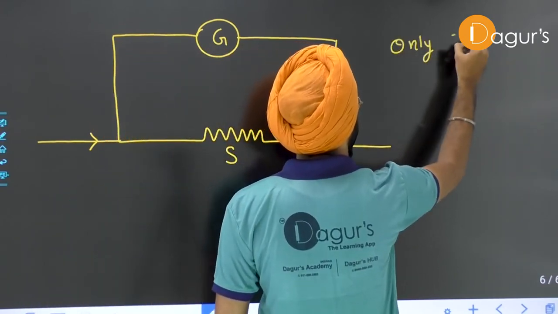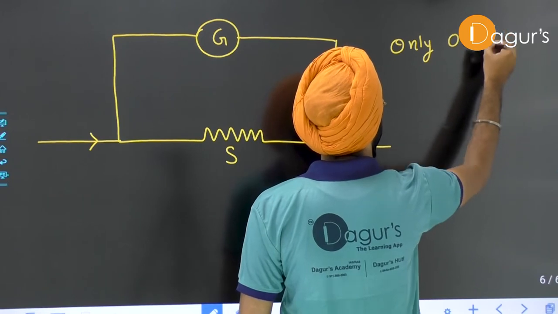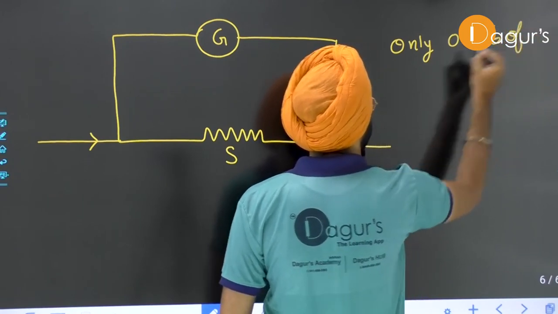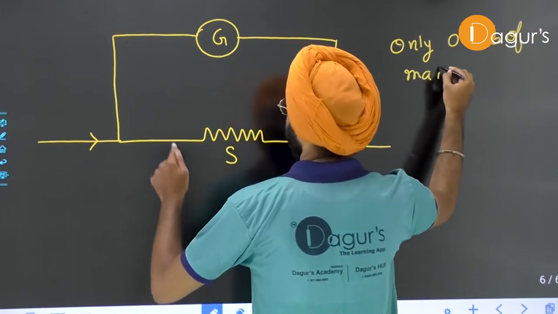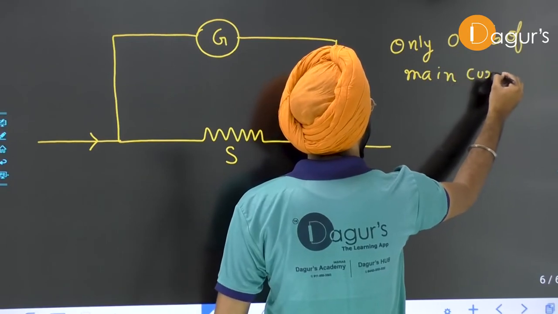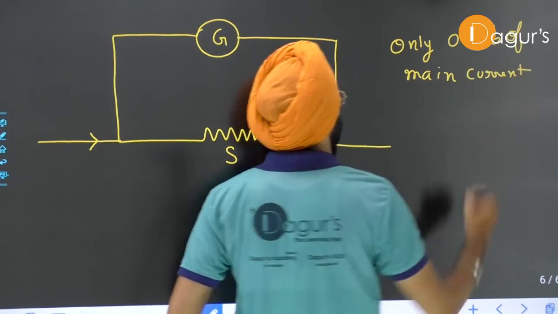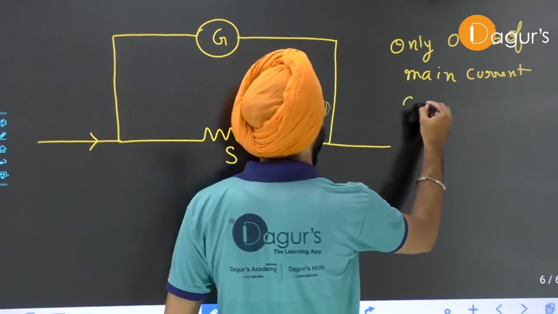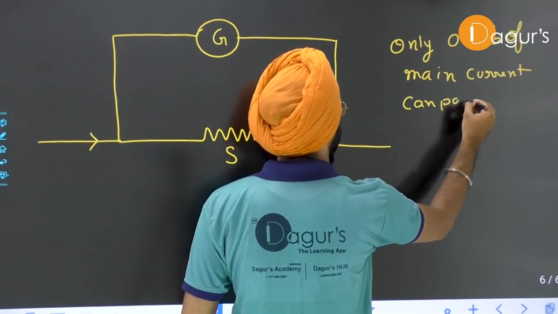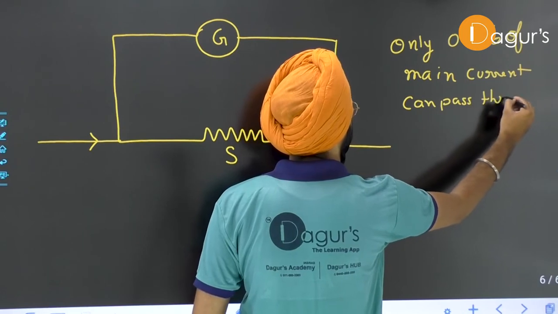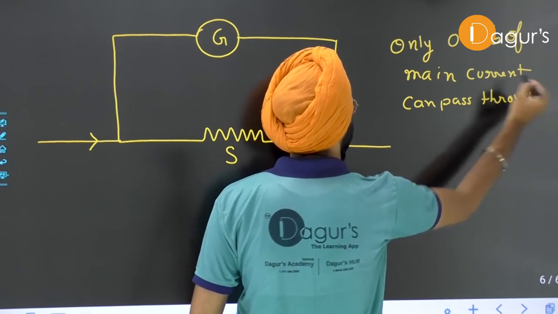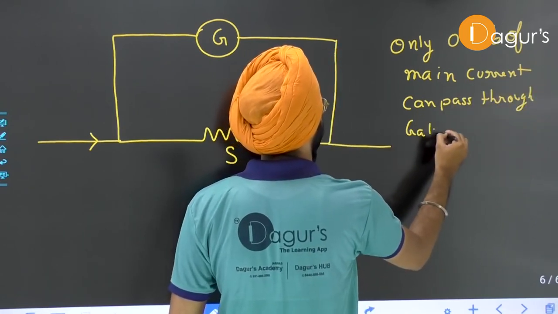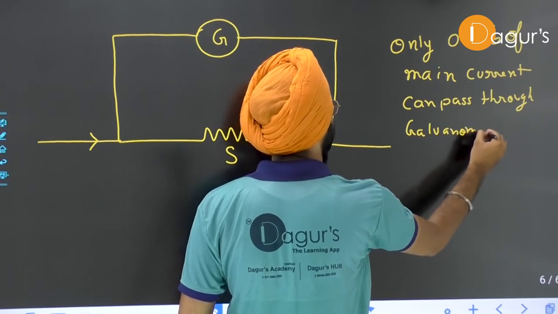Only 0.2% of the main current, and our main current is I, can pass through the galvanometer.